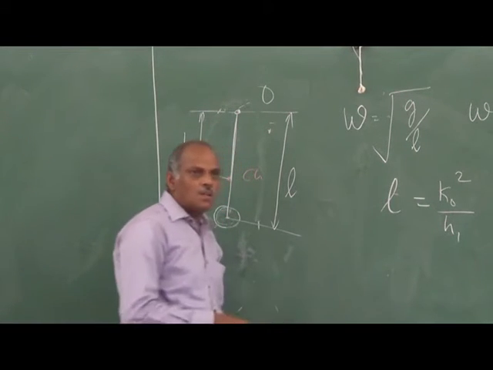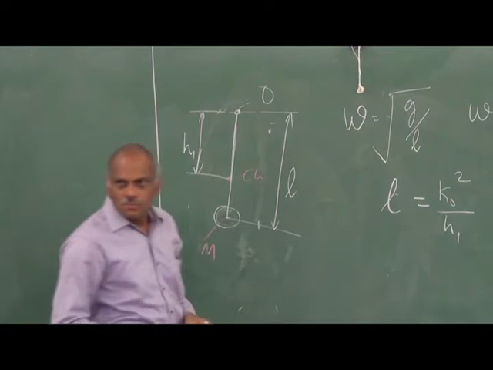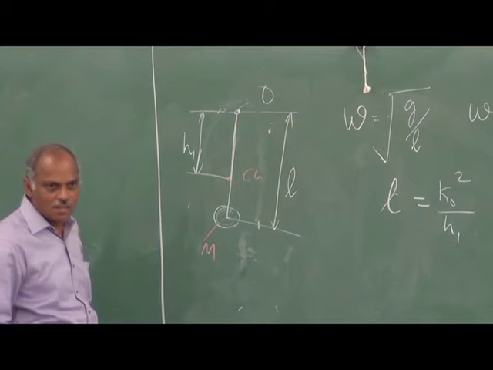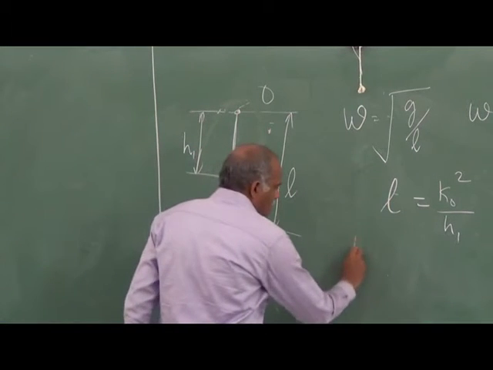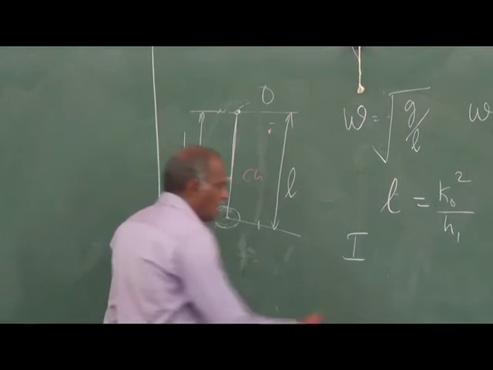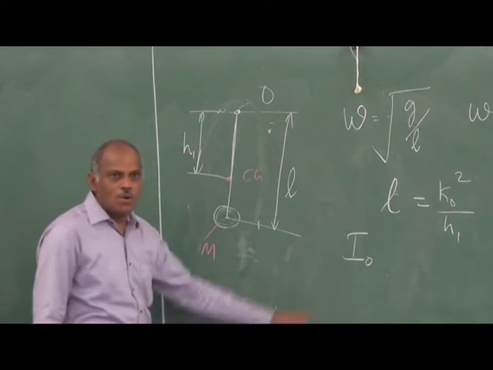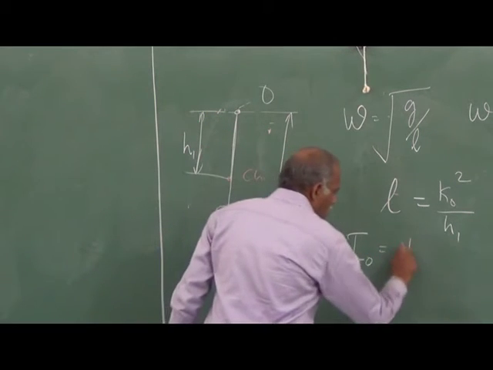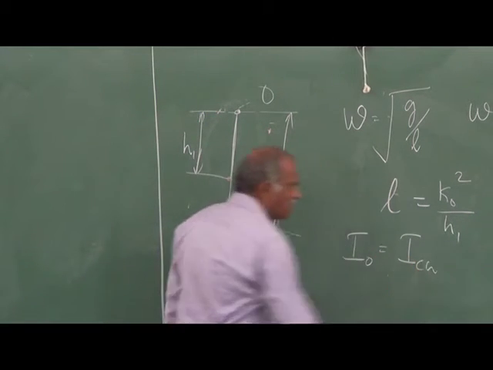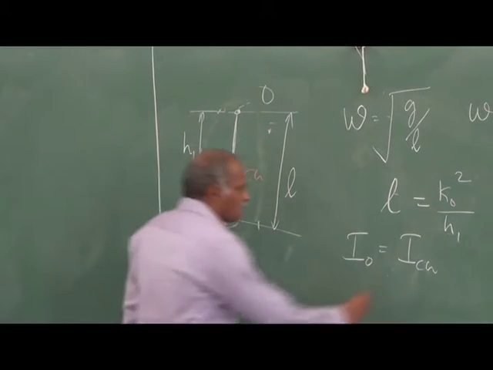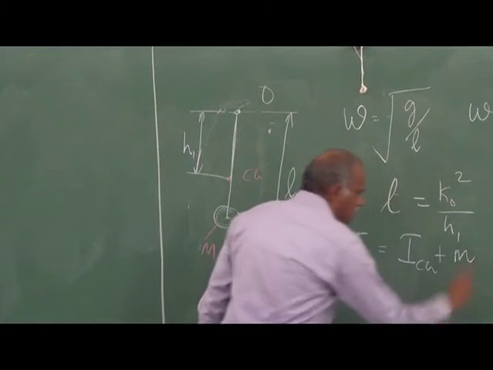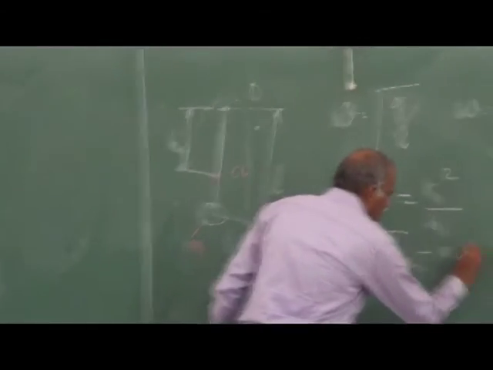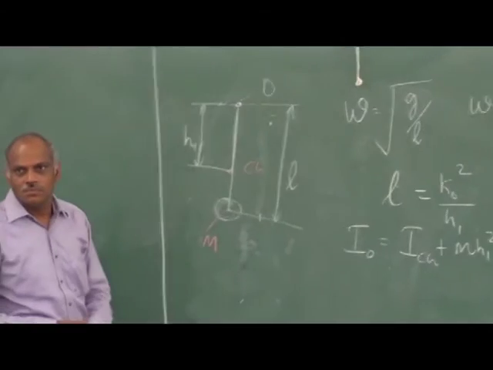Suppose you want to convert that into the radius of gyration about the CG, you can use the parallel axis theorem, which says that moment of inertia about any axis, that is now about the O, is equal to the moment of inertia about the CG plus mass of that body into that distance, that is H1 square in this case.